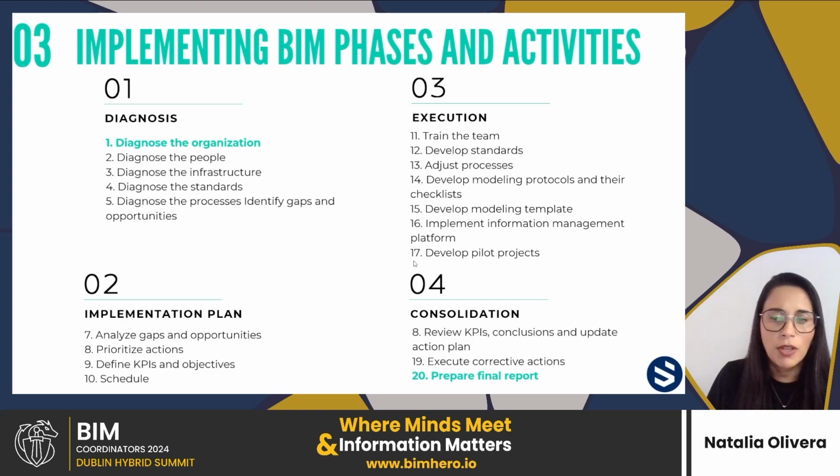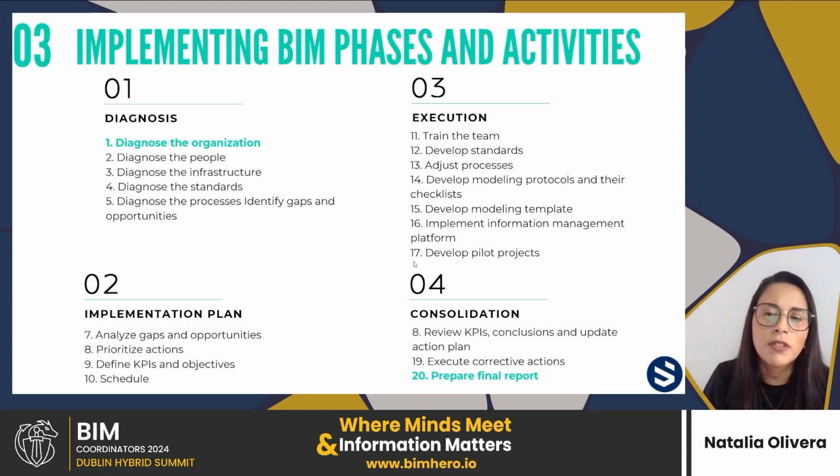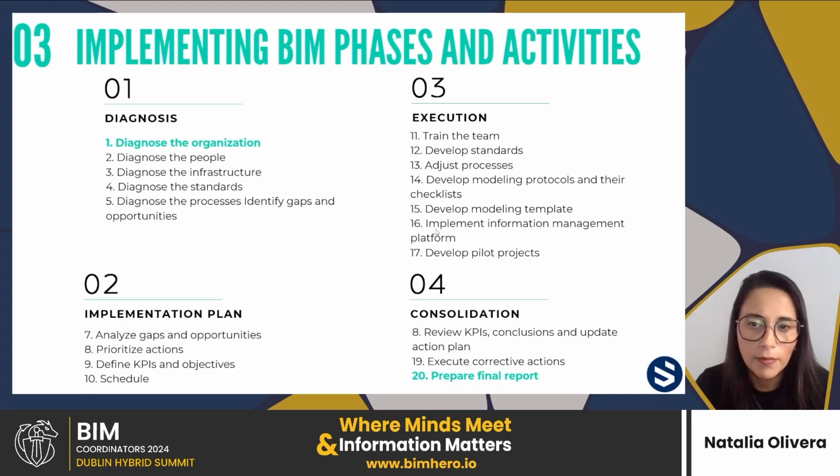Everything that we're seeing today is under the ISO 19650 standards. So you can see that we address all 4 dimensions that I mentioned earlier. Each of these activities is focused on either the processes, the people, the technology, or the standards. All these 20 activities are the ones needed to execute the BIM implementation plan.